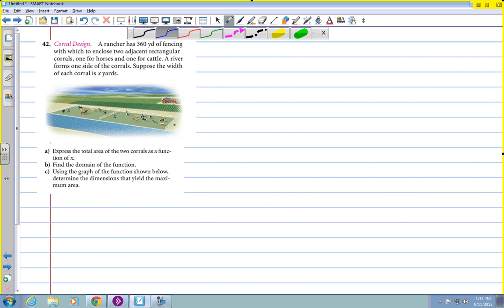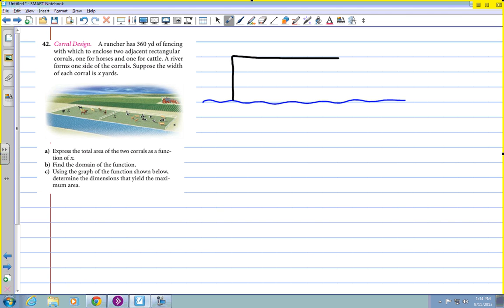Does the story make sense? So here's our little river, and then you're building something like that. So he doesn't need a fence on the riverside? Right, he doesn't need a fence on the riverside.